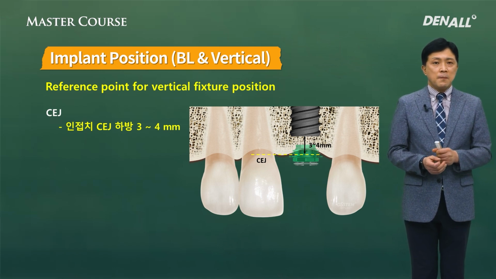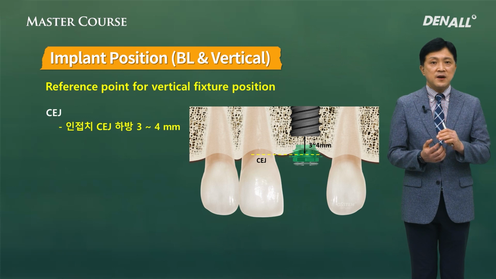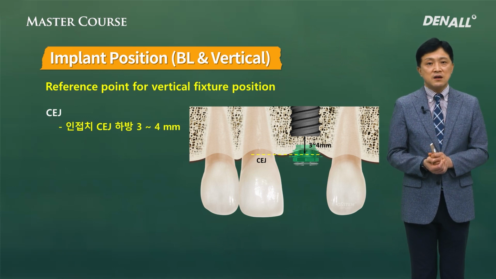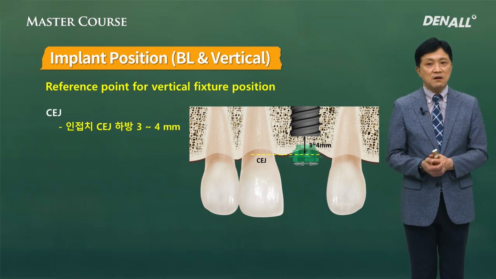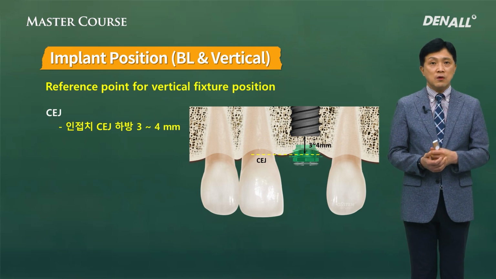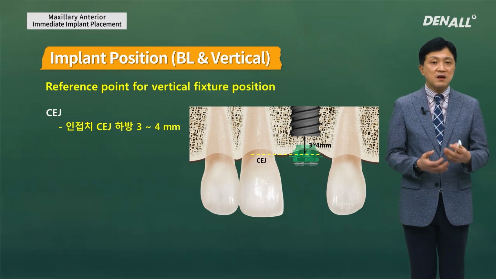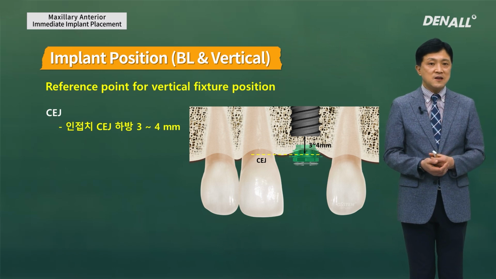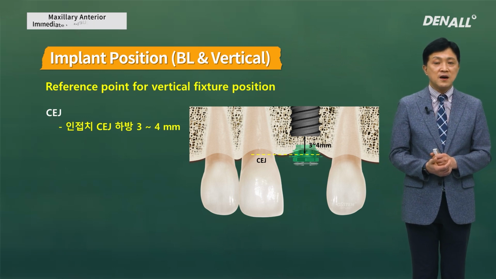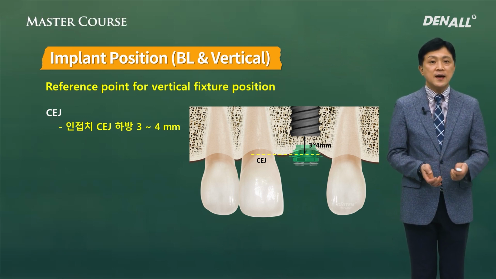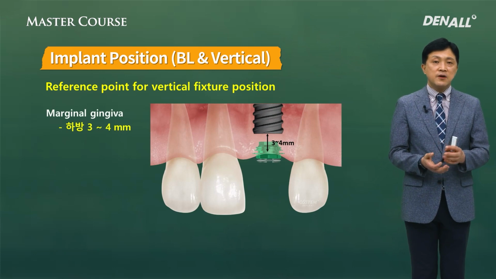Next, the vertical position. The reference point for vertical implant position, there are many reference points to place an implant. First, an implant should be 3 to 4 millimeters below the CEJ of adjacent teeth. So that is one of the reference points.